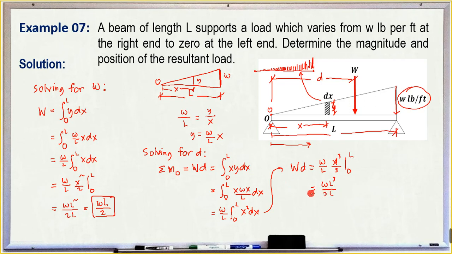Okay? So, ang W po nato is WL over 2 times D. So, makancel niya itong W. Cancel ang L dira, ma-L squared na lang. So, makancel bud sa pikas, ma-L na lang. So, therefore, our D is 2/3. Okay? 2/3 of L. So, mao na siya ang location sa atong weight.